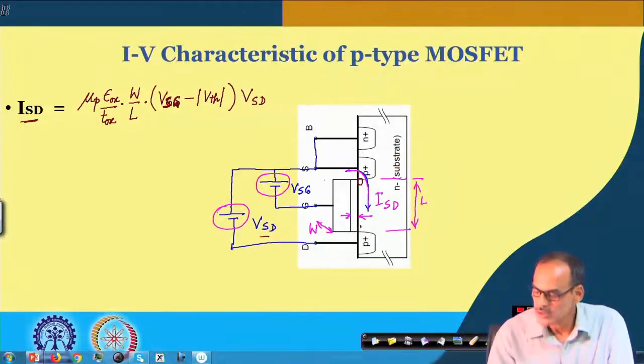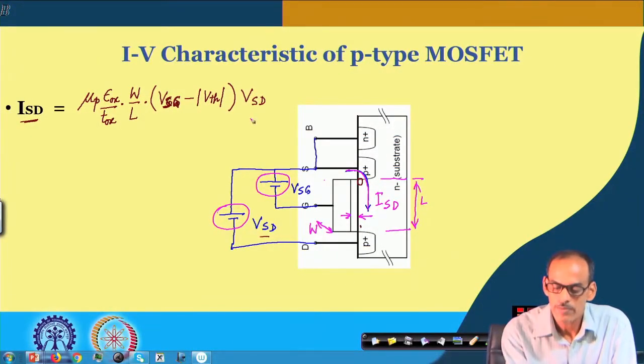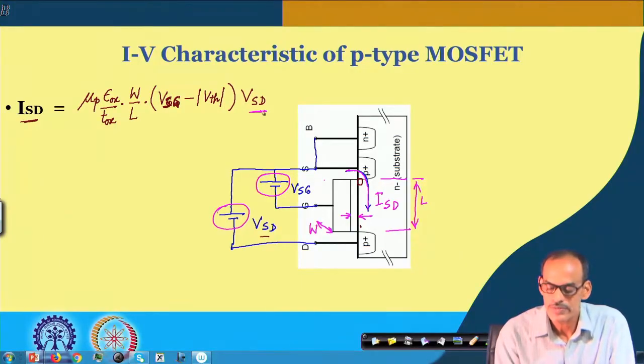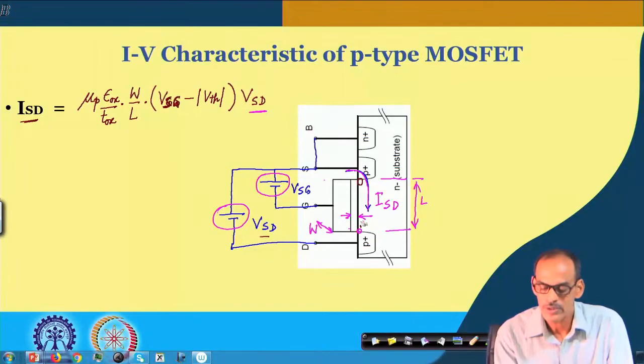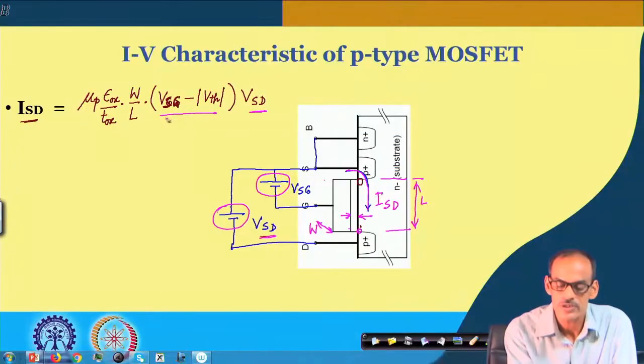But at the other end, if you apply a positive VSD, the drain end may not have the same potential across this junction. As a result, if VSD is significant compared to VSG minus VTH, you have to apply a different formula instead of just this one.